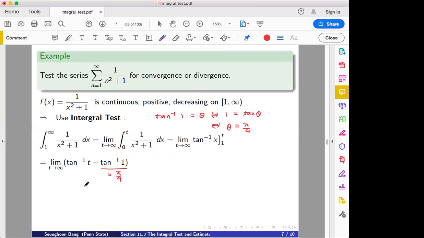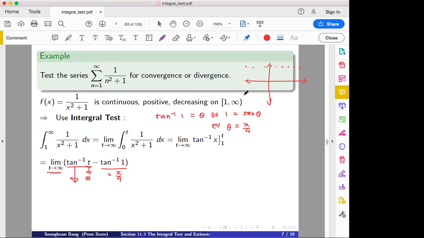The next one: the t value approaching infinity. What happens to the inverse tangent as t approaches positive infinity? It approaches pi over 2. You can just sketch the graph of inverse tangent of x. It is graphed like this.